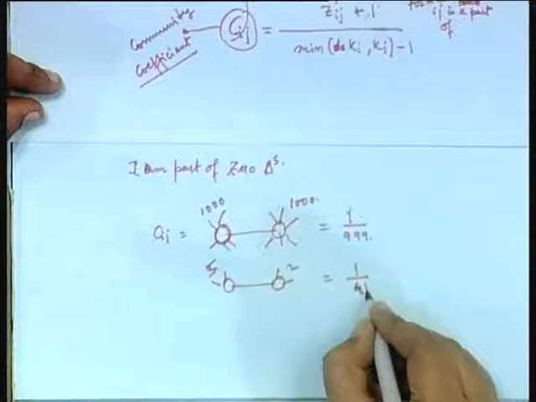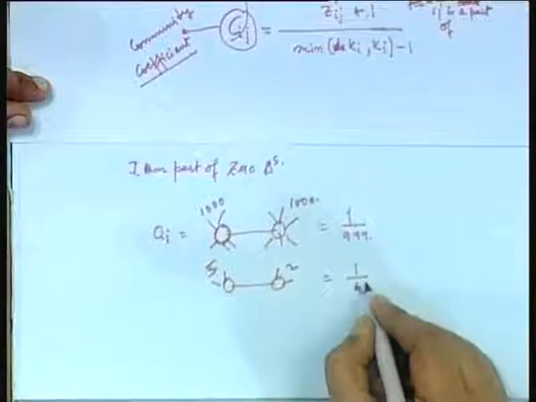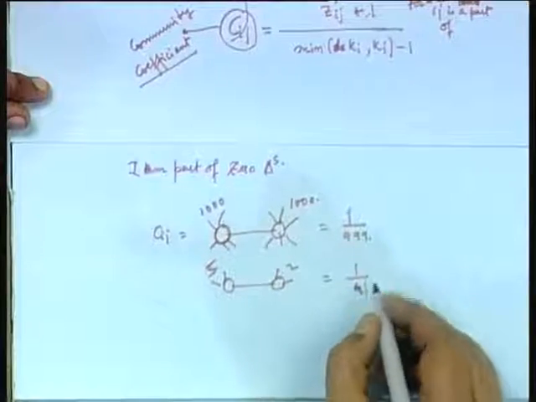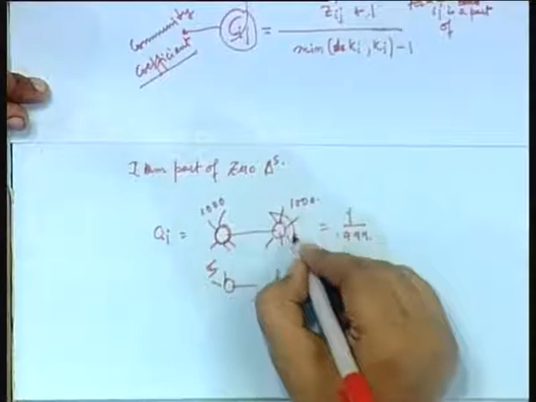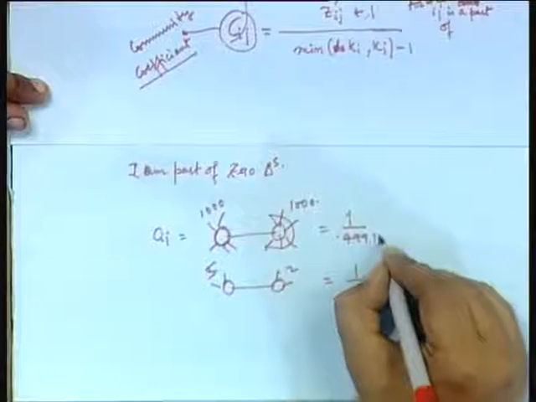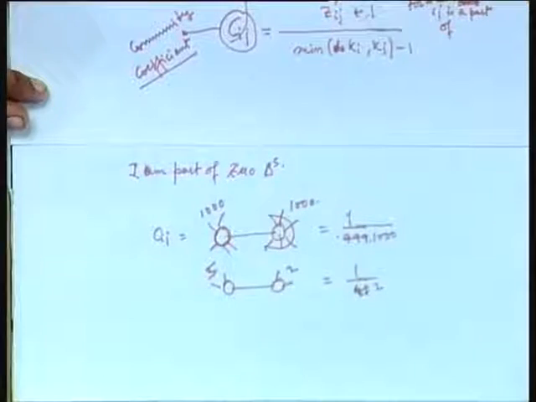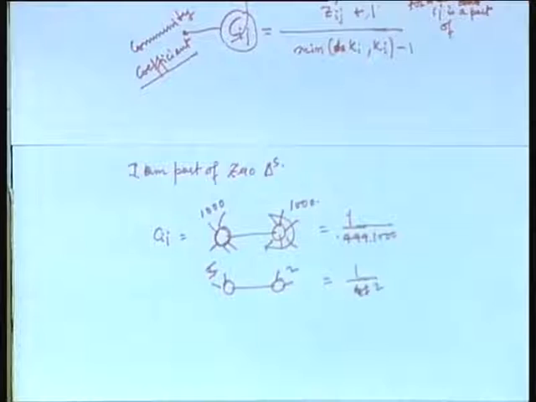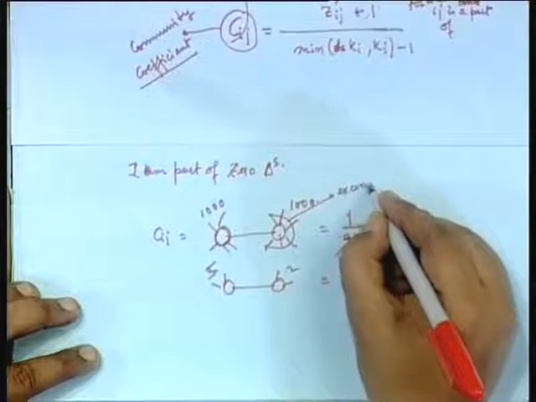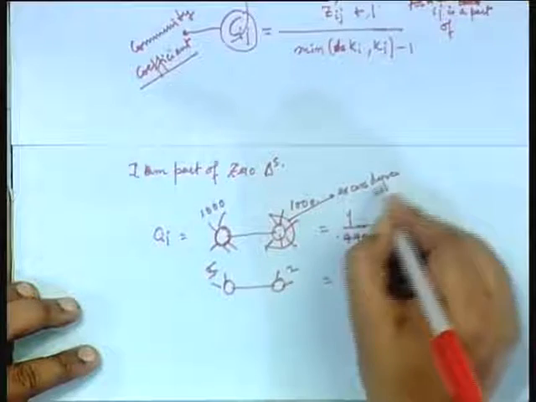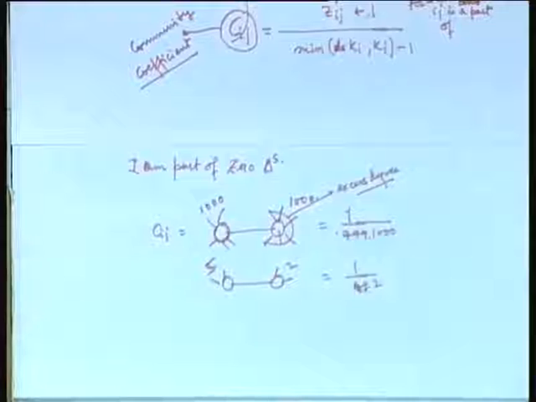Anyway, this is excess degree, so I should write this as 100 and this as 1 by 2. Just think of this as excess degree. Clear? Any question?